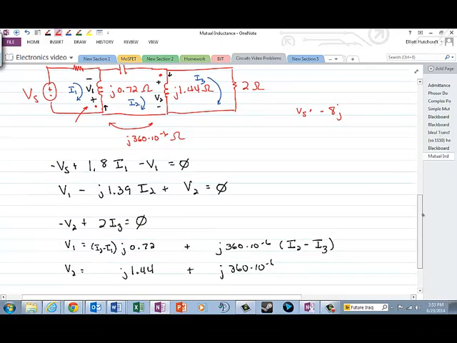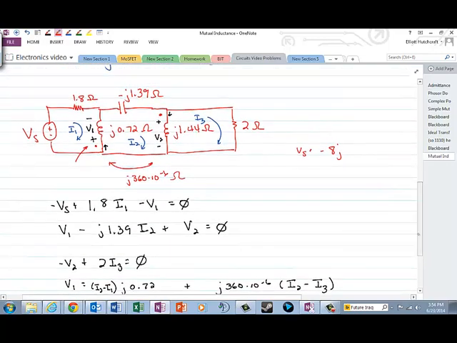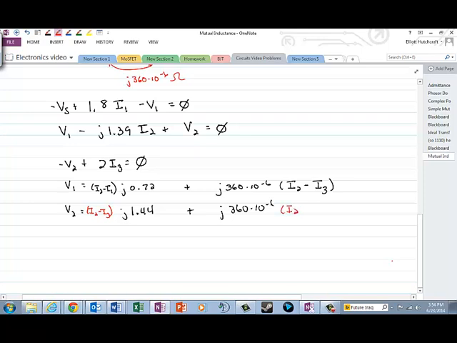So I need the current going down through the 1.44 J ohm inductor. I2 is going down, I3 is going up, so I2 minus I3 is the net current going down. And I need the current going into the dot of the other inductor, so that's going up. I2 is going up, I1 is going down, so the current that I need is I2 minus I1.